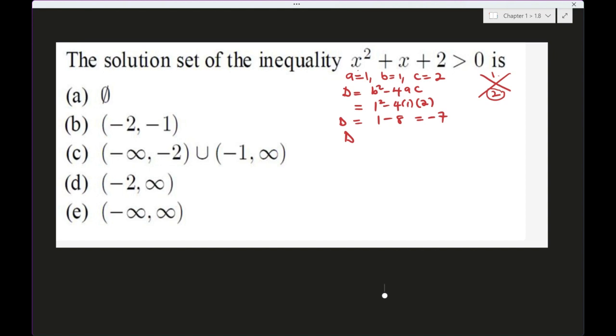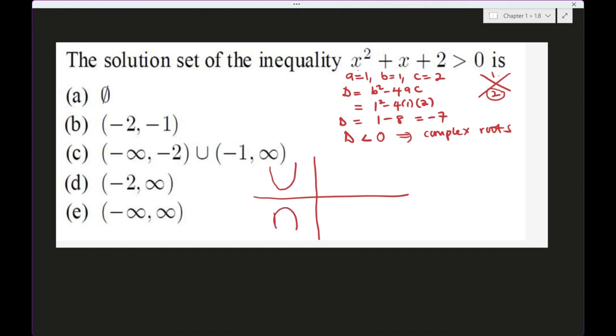Okay, but now let's see something. We say the discriminant is less than 0, so it means that we have complex roots. Now, the graph of this function: we can see that a is positive, so it's going to open up, so it's going to be entirely above or entirely below the x-axis.